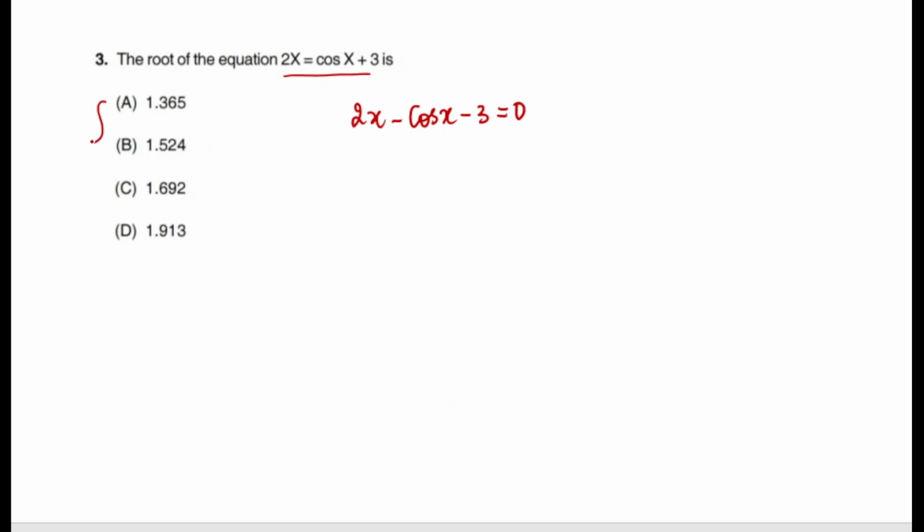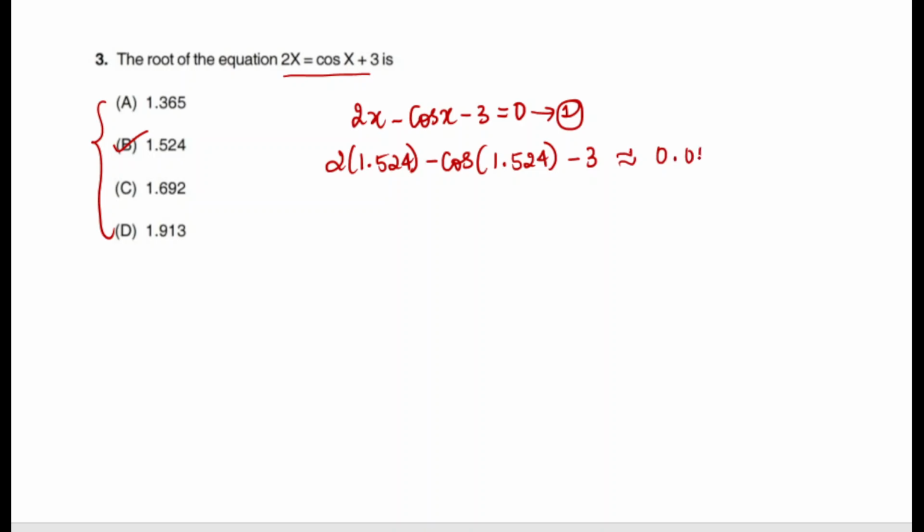Now we can do one more method, substituting the values of these options into this equation. We need to get the answer that is nearly equal to 0 or equal to 0. If I substitute this option B, that is 1.524 instead of x, 2 times 1.524 minus cos 1.524, keeping in terms of radians, minus 3, we will get the answer nearly equal to 0.0012 something.